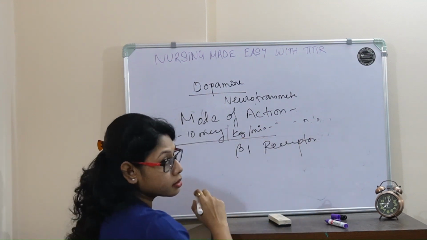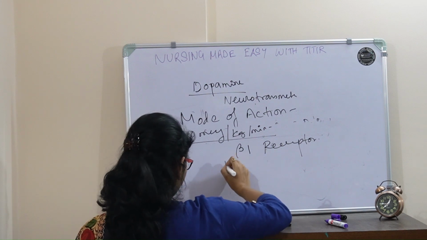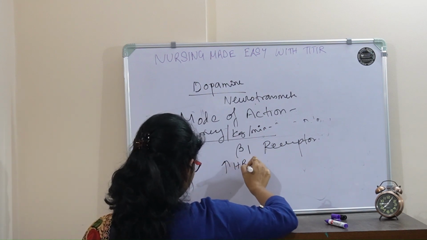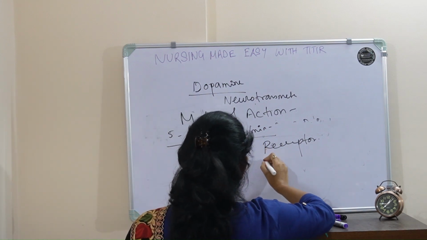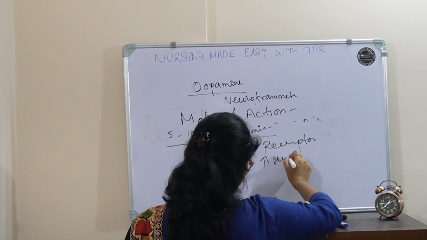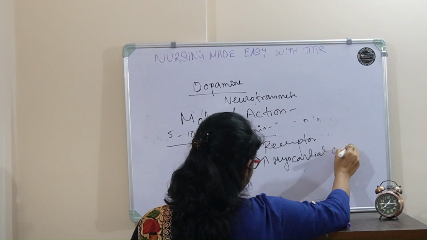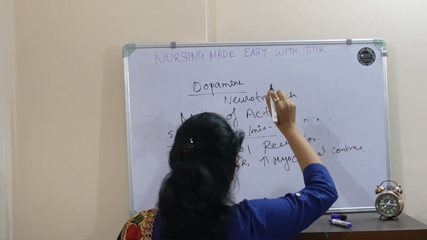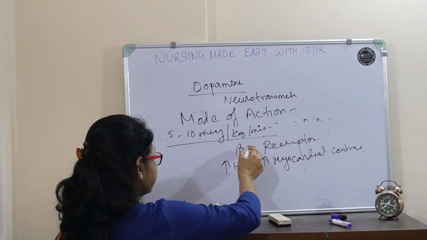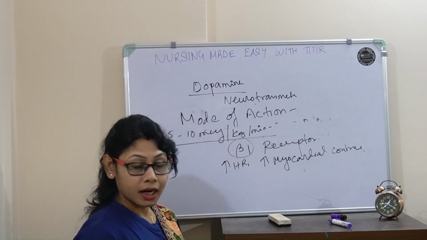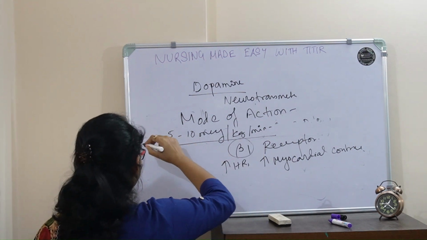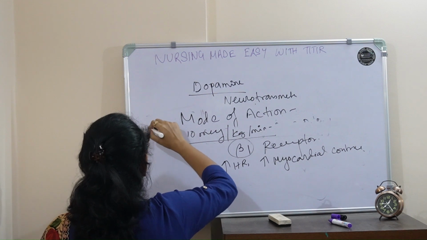It will also help to increase heart rate and increase myocardial contractility, because you already know beta 1 is present in the heart. This is the moderate dose.